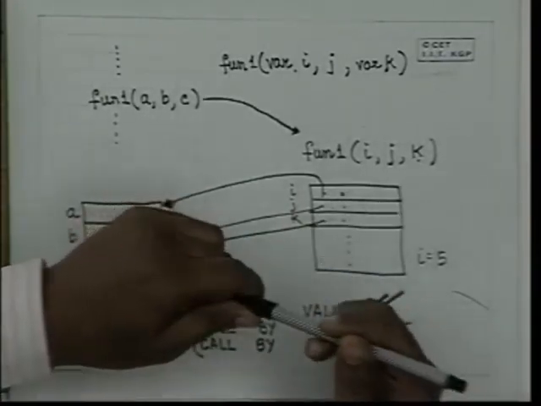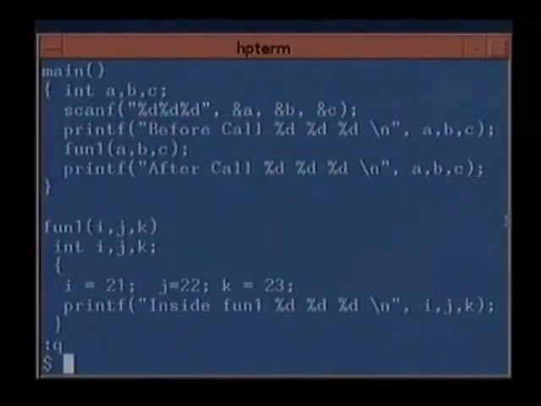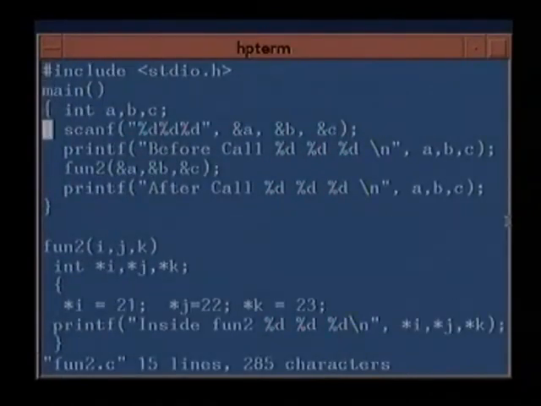Alright, so let's see in this example how we will convert it to call by reference. So here what we did was we read in A, B and C. This is the value of A, B and C, and we passed them to fun2. We have used another function called fun2.